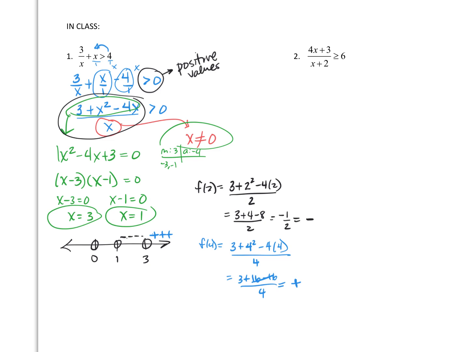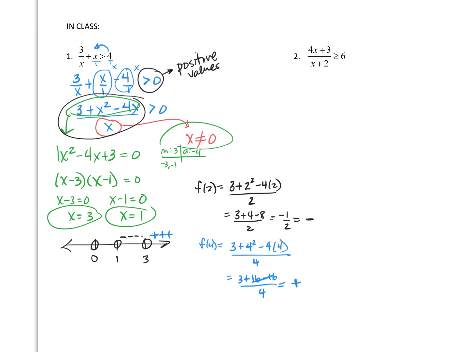Here's where you can use your calculator, or you can keep plugging in numbers. All right? Because what this is telling me is that when I plug in a 2, my y values are negative, which means it's under the x-axis, right? When I plug in a 4, that means my y values are positive, so it's above the x-axis.